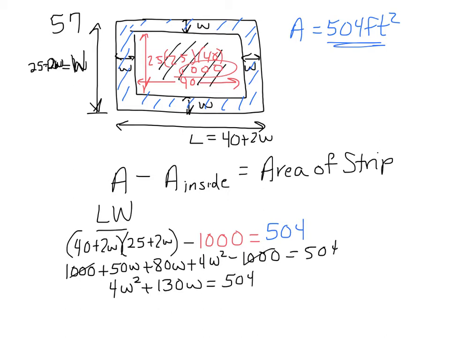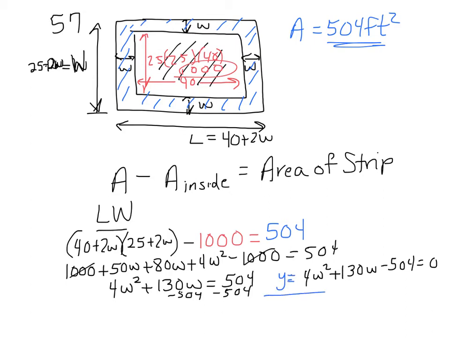So how do you solve a quadratic? Because that has a squared in it. Yeah, we have to get it equal to 0. So we have 4W squared plus 130W minus 504 equals 0. You can plug that into the quadratic formula, but since you need a graph, I'm going to suggest that you let this whole expression equal y.